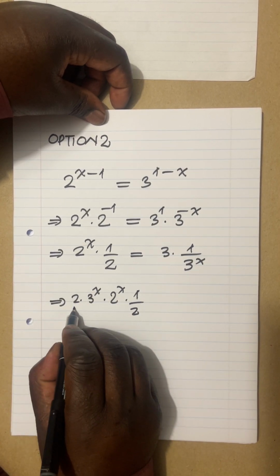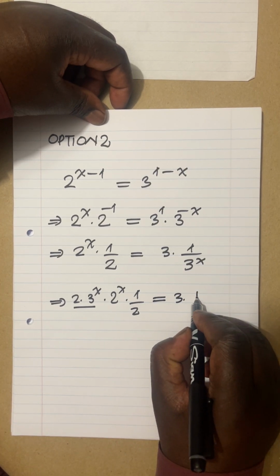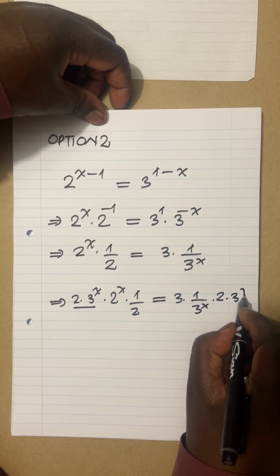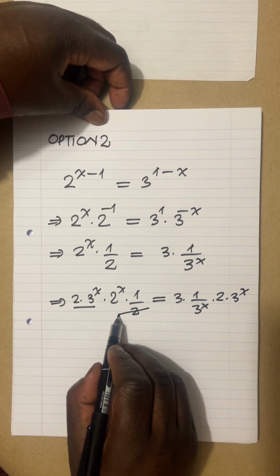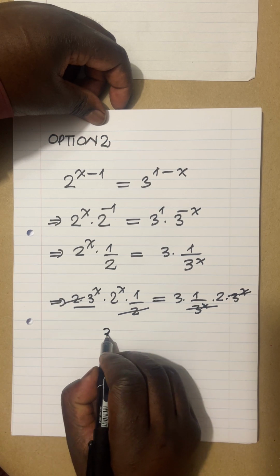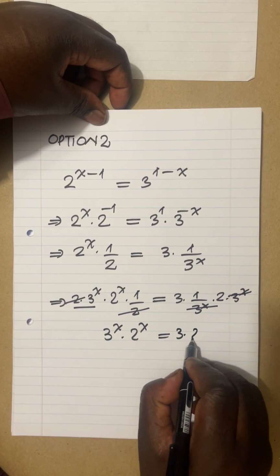The left hand side, remember I said you multiply by that both sides. So here we're going to have 3 times 1 over 3 power x times 2 times 3 power x. Now you see that the 2 cancels that one there and the 3 power x cancels that. So on the left I have 3 power x times 2 power x is equal to 3 times 2.